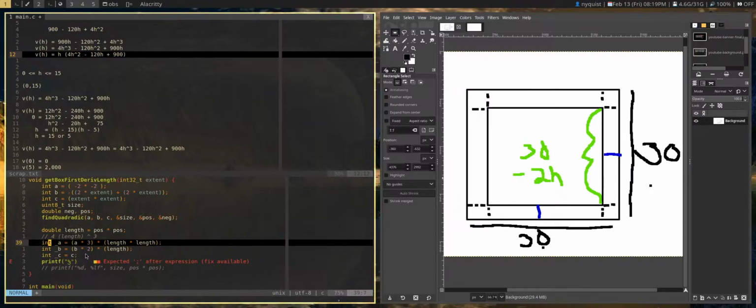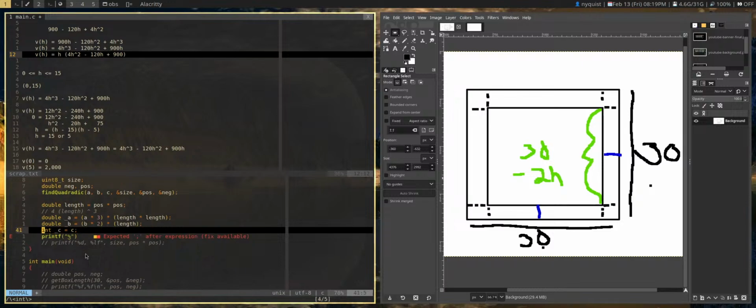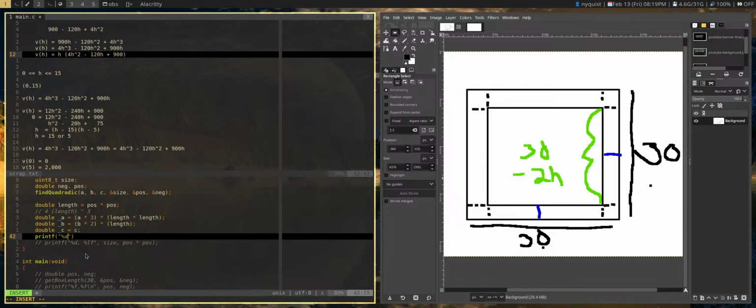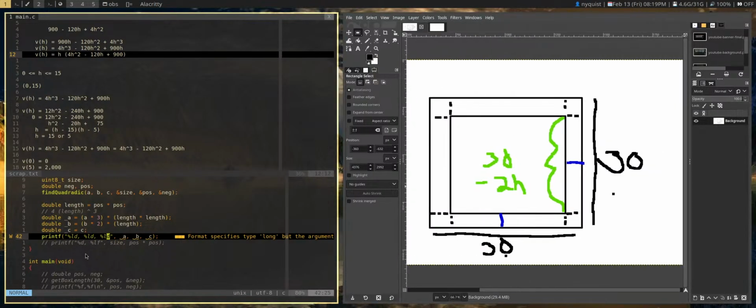Just make everything double. Why did I do that? Oh well, I'll change it. Let's type double.